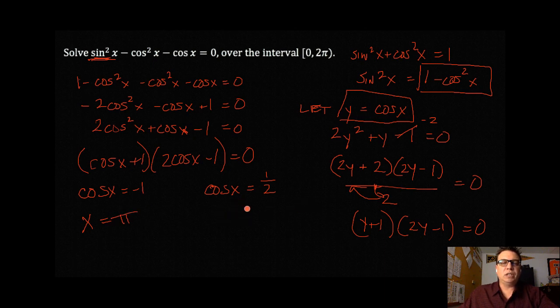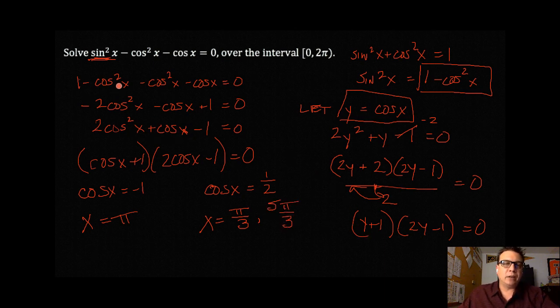And then cosine is 1/2. So cosine is 1/2 when I am in quadrant 1 and when I'm in quadrant 4. And that happens when we are at pi divided by 3. So then pi divided by 3 in the fourth quadrant would be 5 pi divided by 3.